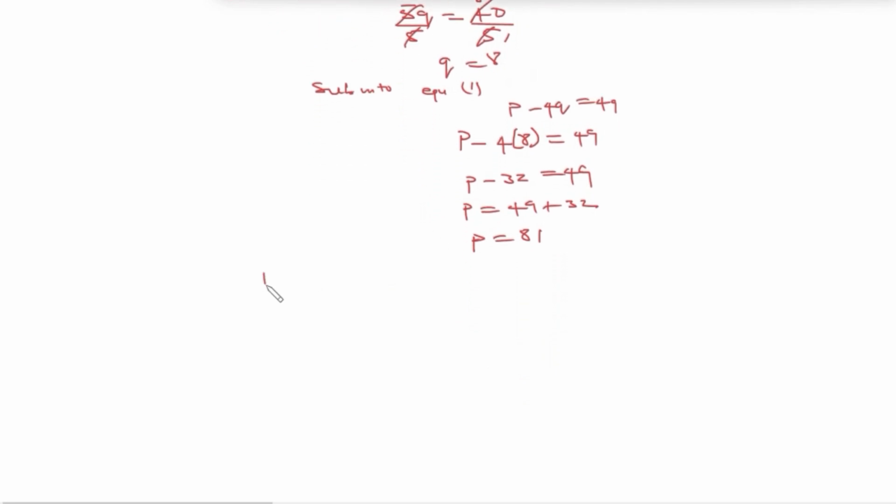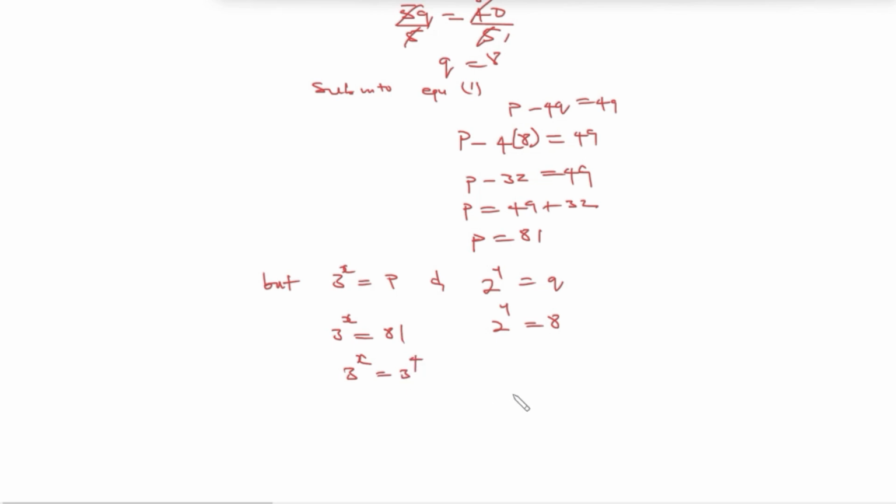But we said earlier that 3 raised to the power x is equal to p and 2 raised to the power y is equal to q. So let's find the value of x. P is 81, so 3 raised to the power x is equal to 81. And 2 raised to the power y is q, which is 8. Writing 81 in index form, 3 goes into 81 four times, so 3 raised to the power 4 gives you 81.